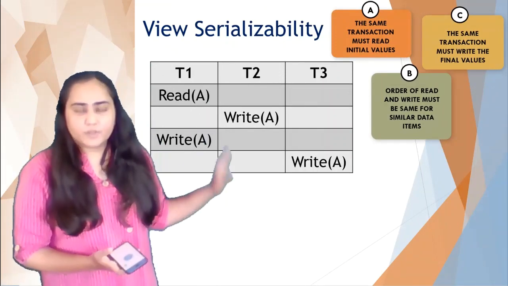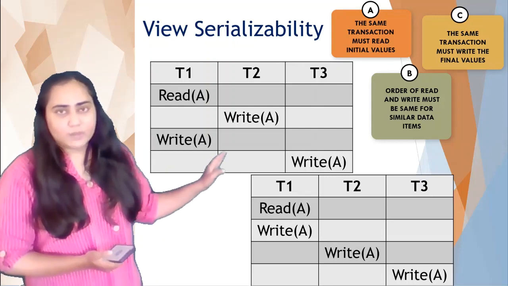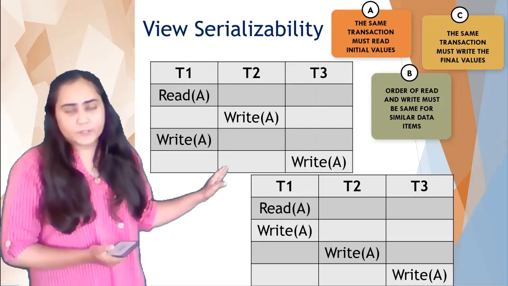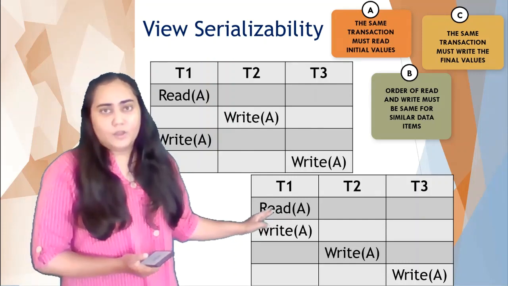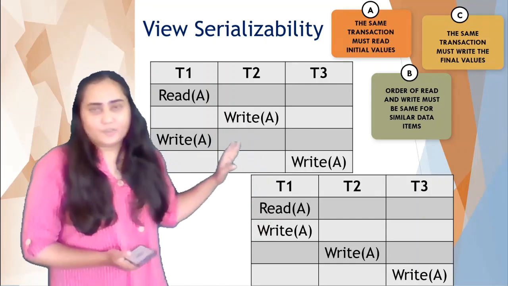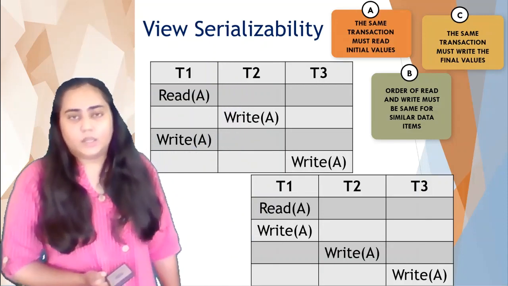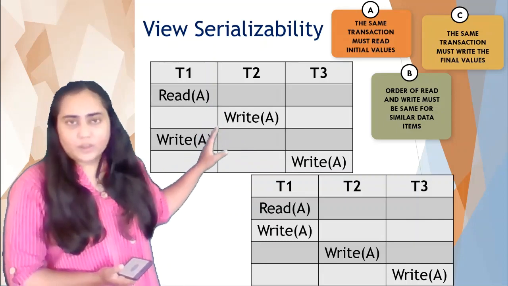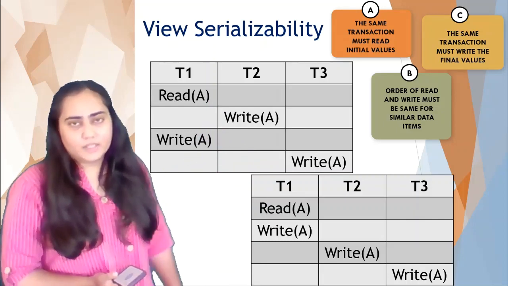Let's create a serial schedule for this, which will look like this. You can see here T1 is finishing all its operations, and then T2 begins, and then T3 begins. So we are going to compare these two, and if they satisfy all the 3 rules that are mentioned up there, then the schedule that we are talking about is a view serializable schedule. So let us see.